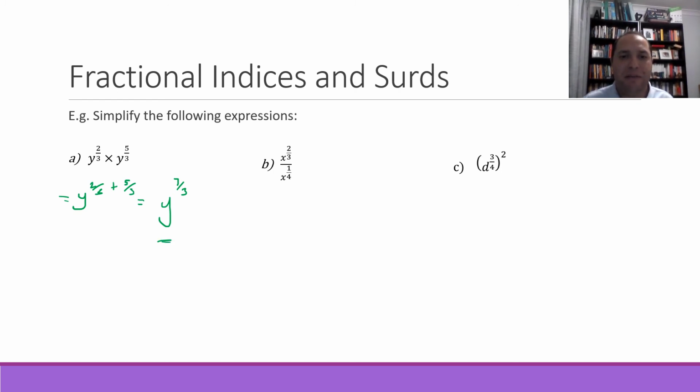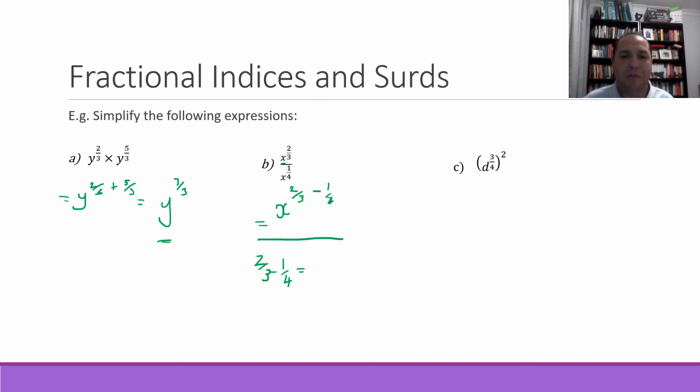For this second one, we're dividing with the same base, so we can subtract our powers. So we've got 2/3 minus 1/4. Now I might do this one a little bit separately, so let's do 2/3 take 1/4.